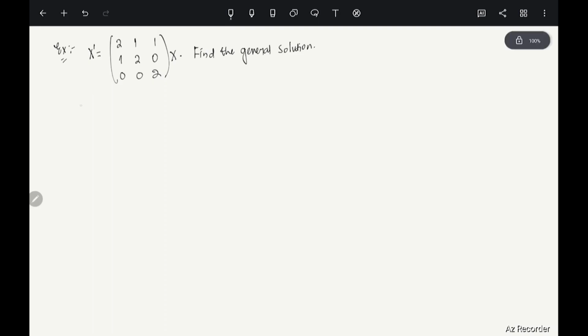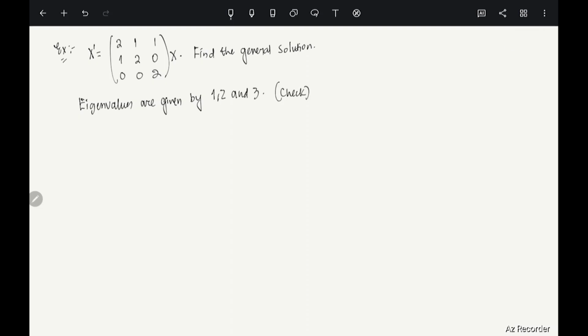Now, as we have seen, first of all you have to find the eigenvalues. The eigenvalues are given by 1, 2 and 3. Clear? You have to check this part, and this is very easy to do.